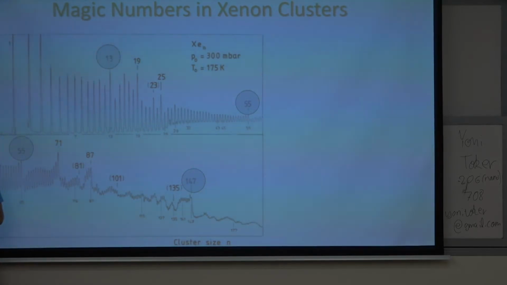Now, not all clusters have the shape of an icosahedron, but many clusters are governed by van der Waals, so you see these numbers a lot in nature. Also for molecules. If you take a molecule like SF6 that has a spherical shape, then you'll see the same magic numbers. Okay, any questions?